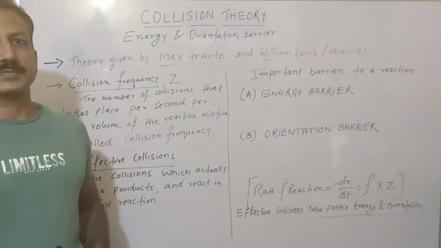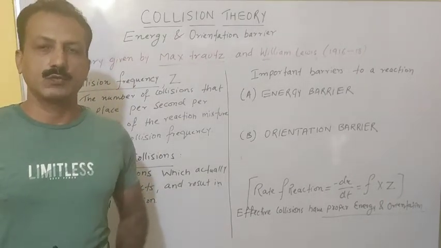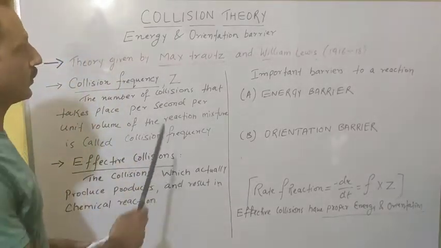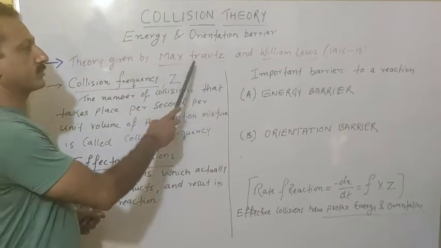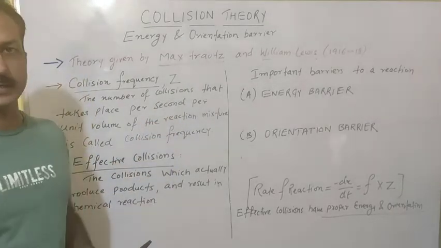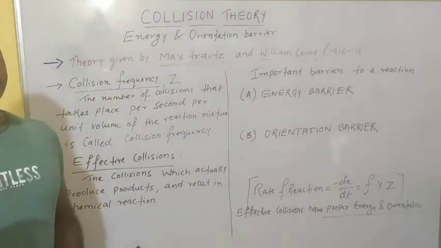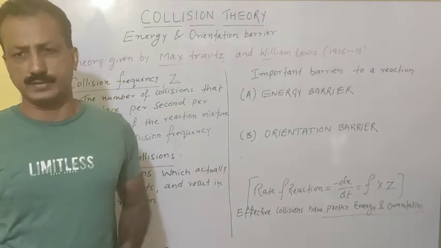Dear students, in continuing with the chapter Chemical Kinetics, we'll be discussing a very important theory, that is the collision theory. Now, this theory was given by two scientists, Max Trautz and William Lewis, in the years 1916 to 1918. This theory is somewhat based on the kinetic theory of gases.